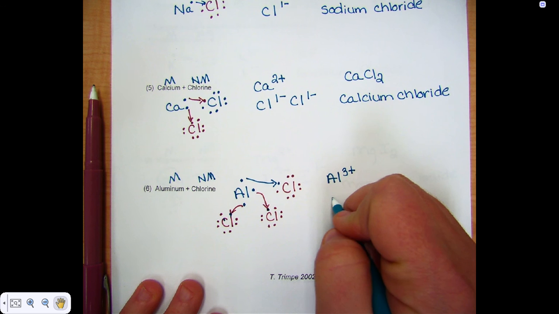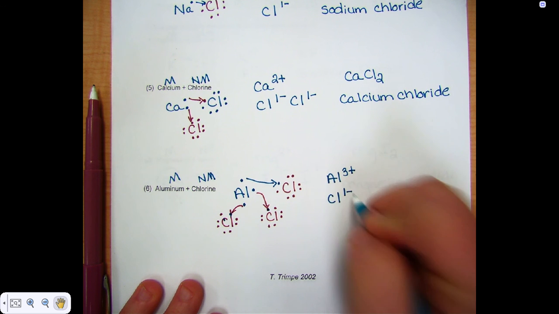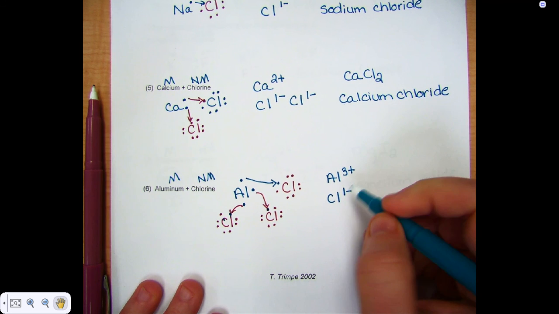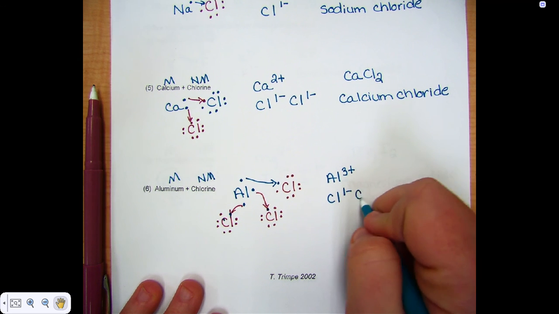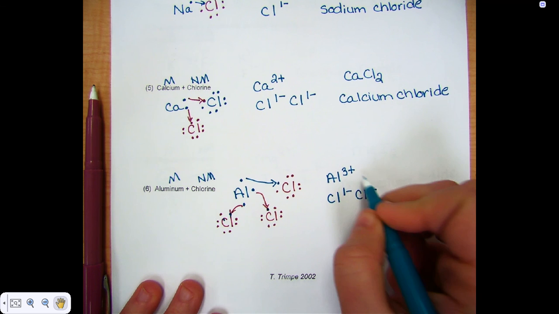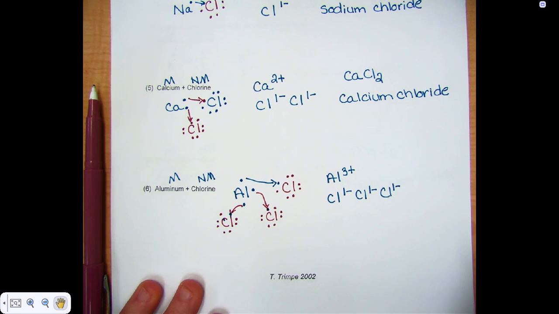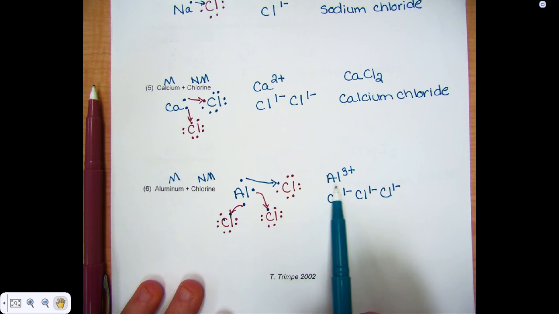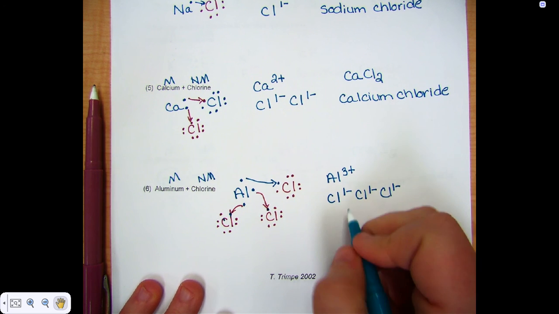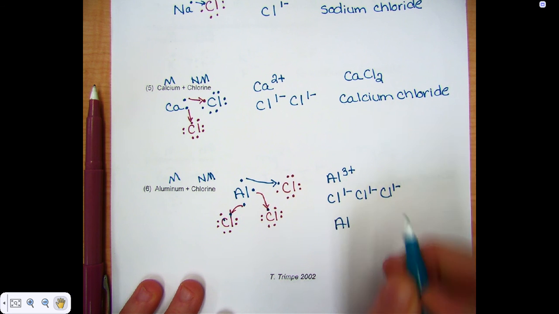Al3 plus Cl1 minus. Balance your charges. Okay. Cl1 minus. Now I have 2 negatives, 3 positives. Now I have 3 negatives and 3 positives. All right, so all 3 of these things should match. I haven't said that yet, but all 3 of these things should match. So when I write my formula, Al, which means I have 1.